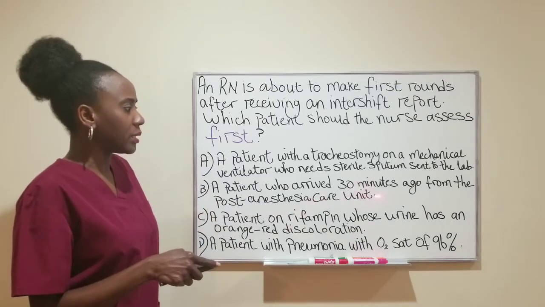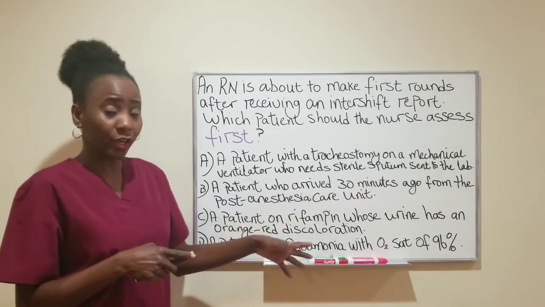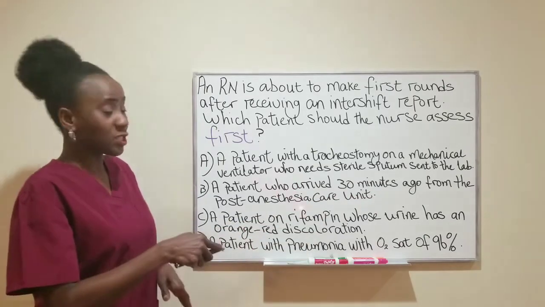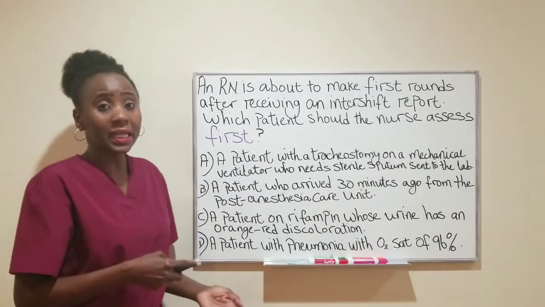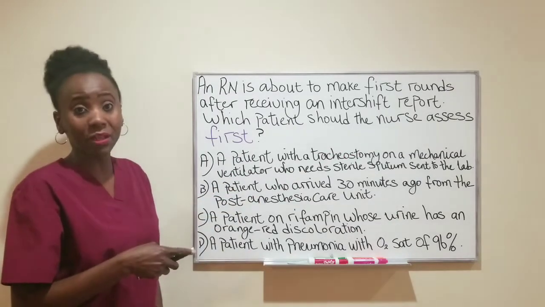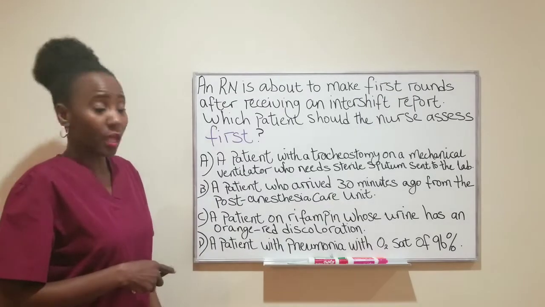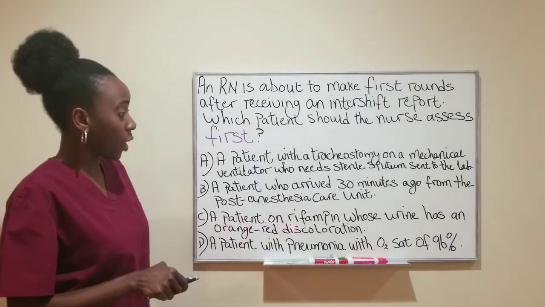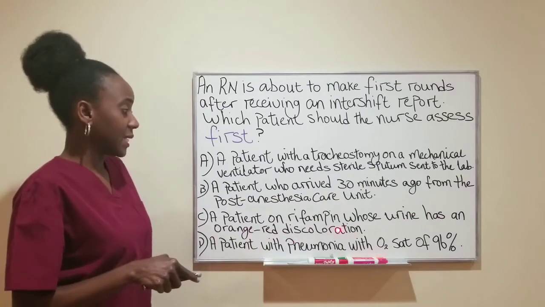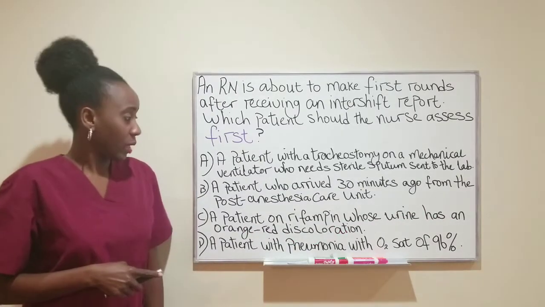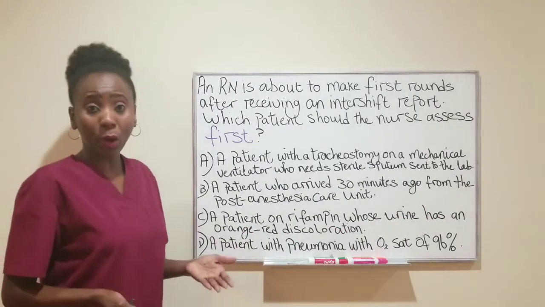So I would definitely put a check here as giving this patient priority over the patient with a tracheostomy. But again, we have to read down and look at all of the options. And next, we have a patient on rifampin whose urine has an orange-red discoloration. Now, is this something to be alarmed about?